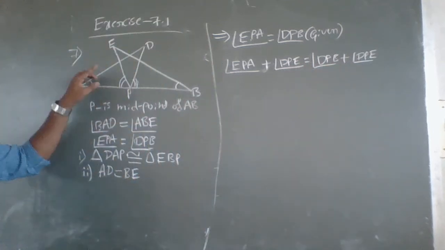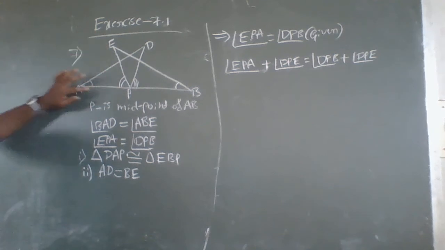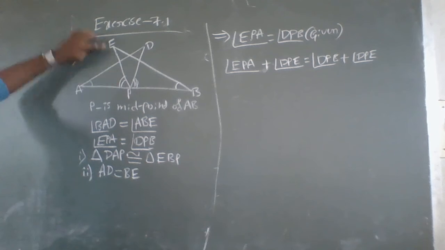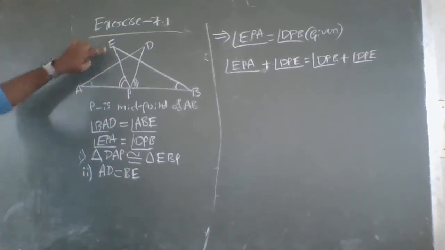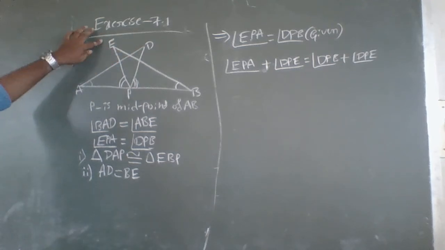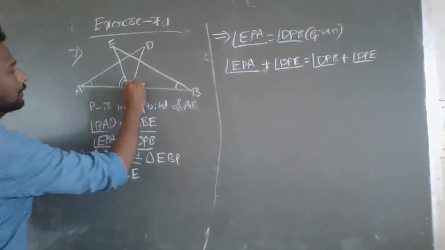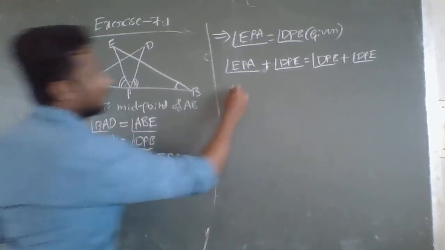So here in the diagram, angle EPA plus angle DPE, what will I get? Angle EPA plus angle DPE means angle DPA. This is the complete angle, angle DPA.